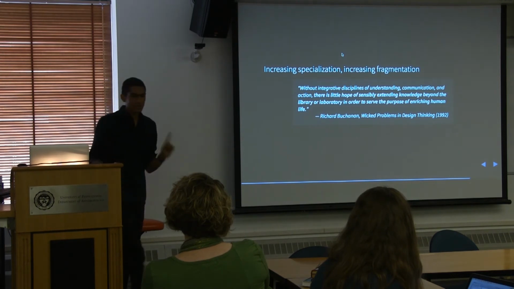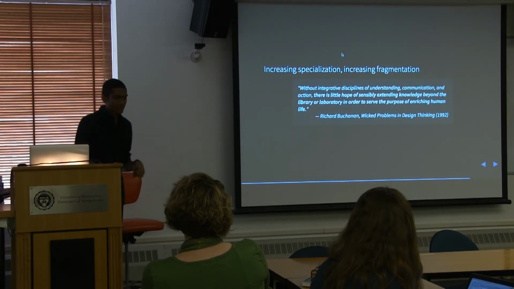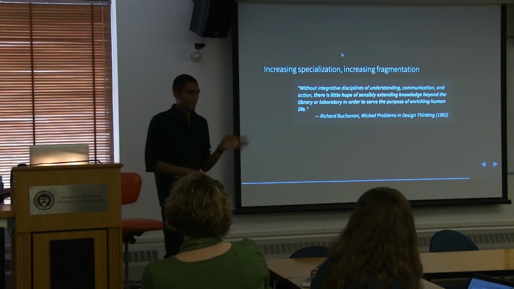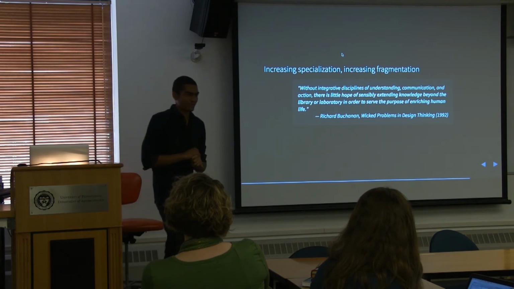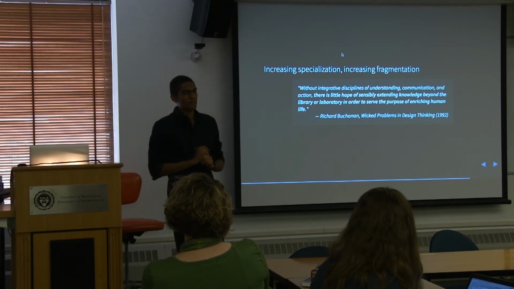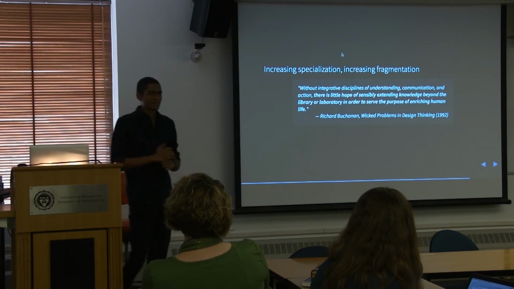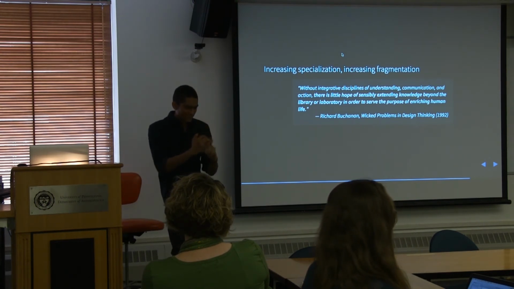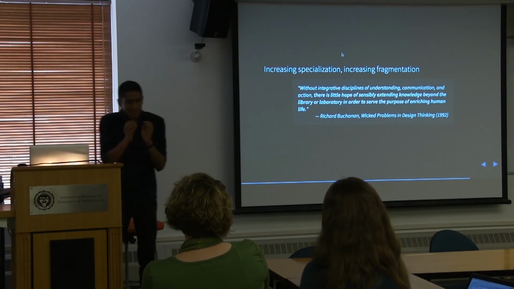And so I return to Buchanan here, who in his Wicked Problems in Design Thinking essay outlined the way the liberal arts have become increasingly fragmented into a quilt of specializations, is what I think he used. I was looking at a talk, the ABCs of anthropology, that you can go into so many different areas of anthropology, and it's all about expertise in that specific field.